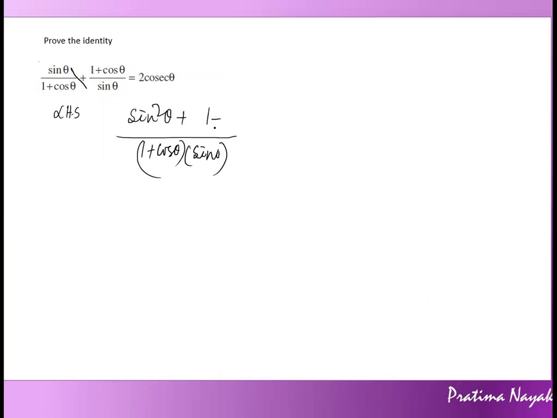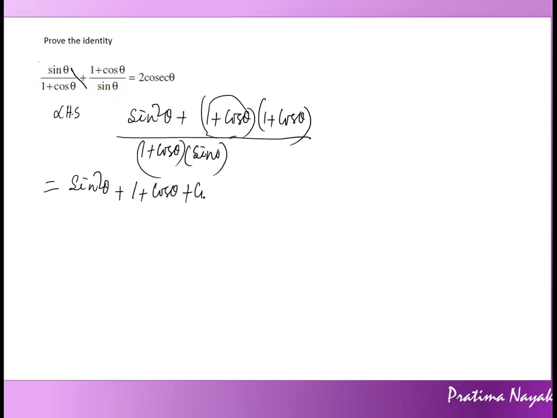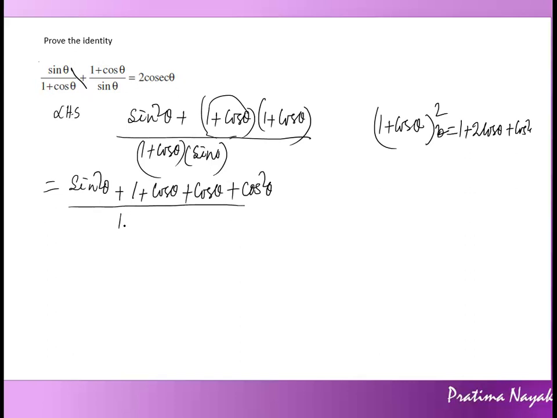Then multiply 1 plus cos theta into 1 plus cos theta, which gives 1 plus cos theta plus cos theta plus cos square theta, or directly you can write 1 plus cos theta whole square. This is 1 plus 2 cos theta plus cos square theta whole upon 1 plus cos theta into sin theta.